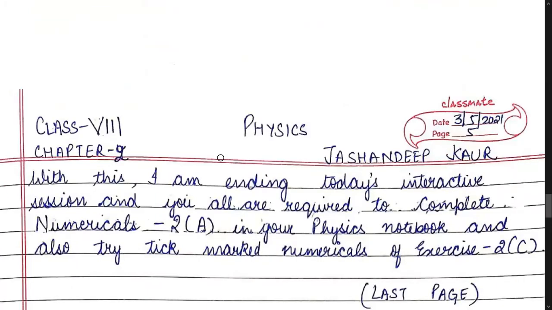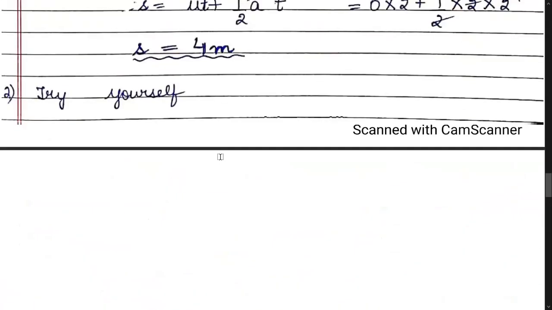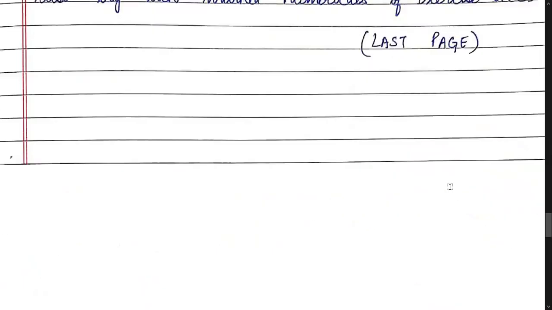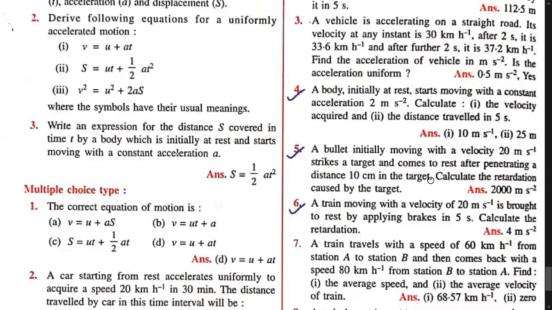Similarly, you can try question number 2, students, and then afterwards you can do questions number 4, 5 and 6. So students, numerical number 2, 4, 5 and 6 is your homework.